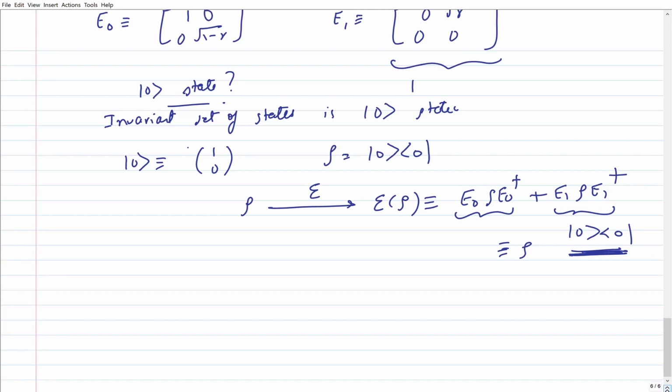what sort of interaction with the environment will lead to invariant state 0? What sort of environment? Pause a while and think why 0 is the only invariant state of the system.